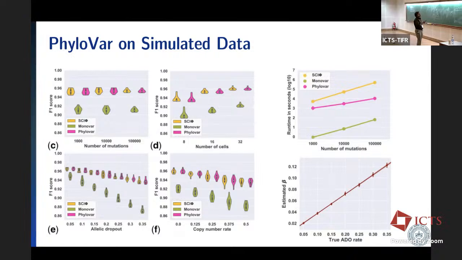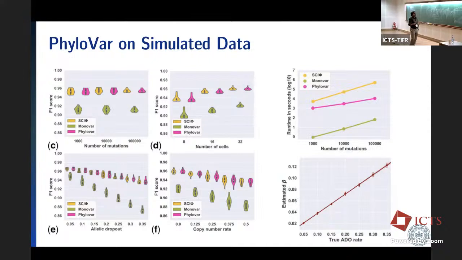But at the same time, if we look at the runtime, we see that phylovar is much faster than sci-fi. And as we increase the number of mutations, the growth is also smaller compared to sci-fi. Of course, it is still more than monovar, which does not use any tree structure, but it is much better than sci-fi.